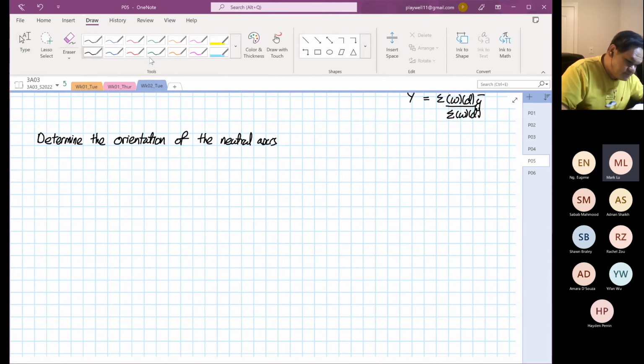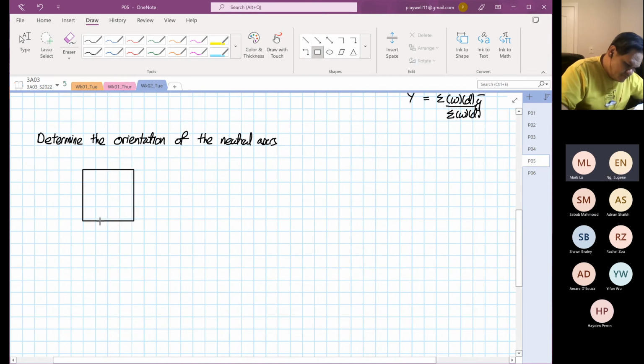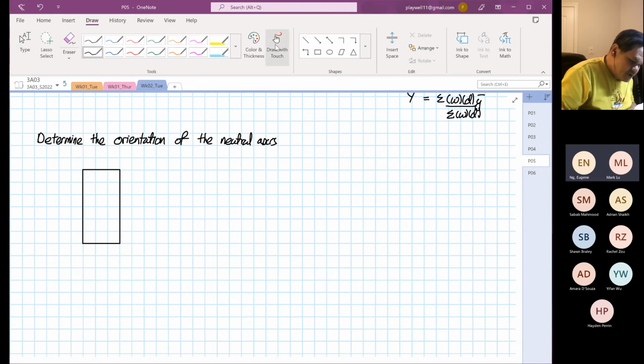So now we're going to sketch this out first. This is our structure, and the first thing I want to highlight is the transformation. So I'm going to draw the transformation now.